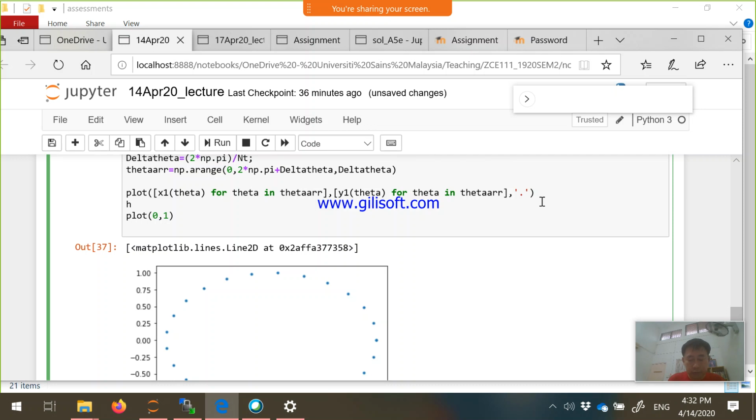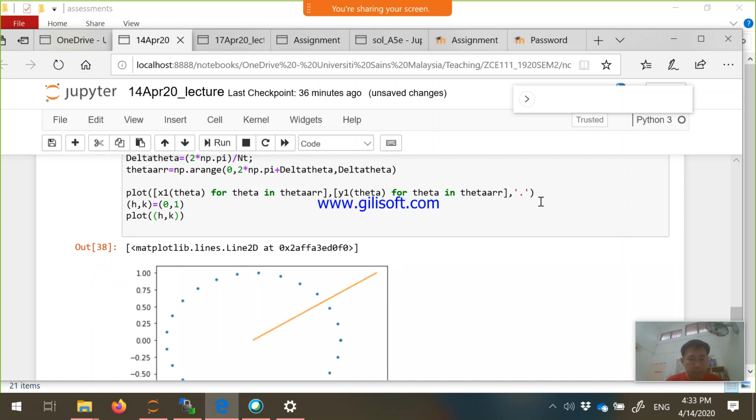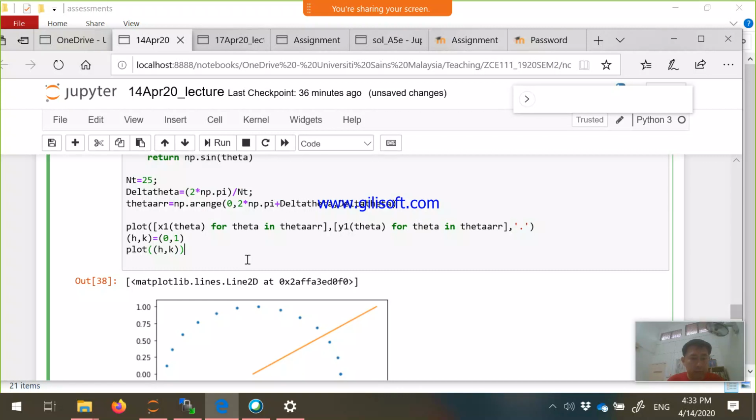So the h and k I define to be here. So I'm going to plot hk. Whether it works, I'm not sure. But I think it should work. Plot. No. So the plot should be a point like this.